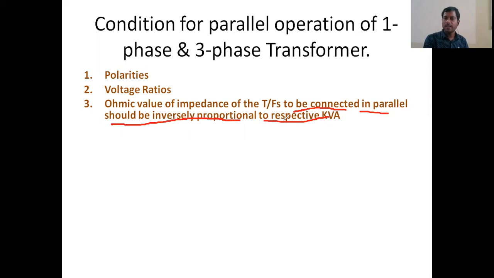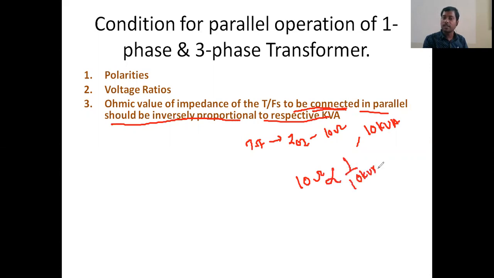For example, transformer 1, ohmic value Z02 is 10 ohms, and the rating of the transformer is 10 kVA. So this ohmic value of the transformer connected in parallel should be inversely proportional to the rating of the transformer, that is 10 kVA.